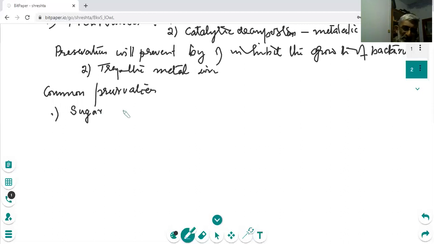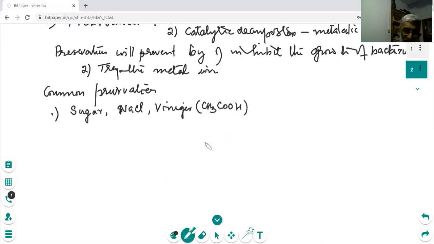Oh yeah, sugar, when it is in a high concentration, will act as a preservative. Similarly, sodium chloride, NaCl, will act as a preservative. Then vinegar will act as a preservative. Vinegar is, you know, dilute acetic acid. All these things you know.